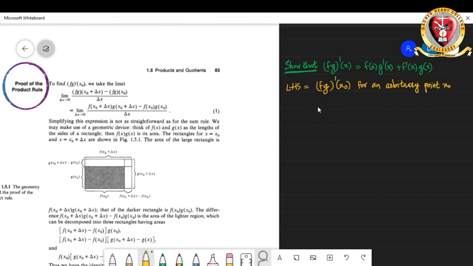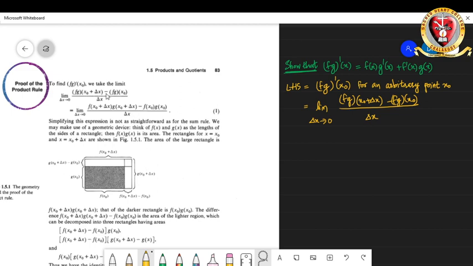So by the definition of derivatives, we know that this is equal to limit delta x tends to 0 fg of x naught plus delta x minus fg of x naught the whole divided by delta x.